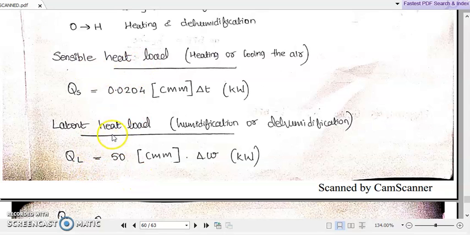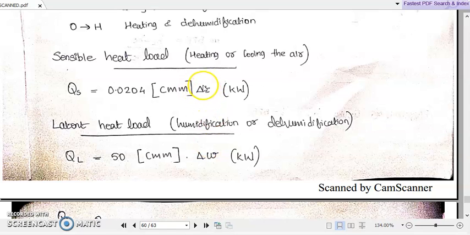Just like the sensible heat load, for calculating the latent heat load, another empirical formula was put forward by the psychrometric scientists. QL, representing the latent heat load, L stands for latent, is given by 50 times the volume flow rate in cubic meter per minute, cmm, times delta omega. Here you note the change happening.